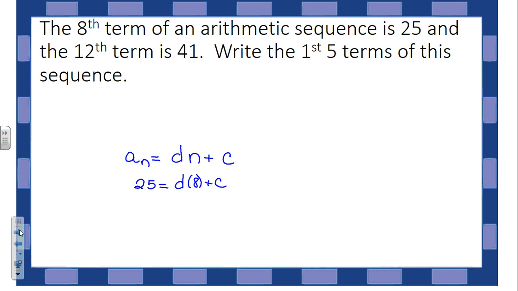And we know that the 12th term is 41. And you could do a systems of equations like this. Make sense? Solve systems of equations in that manner. That's one way of doing it. Okay? What's another thing we might do?